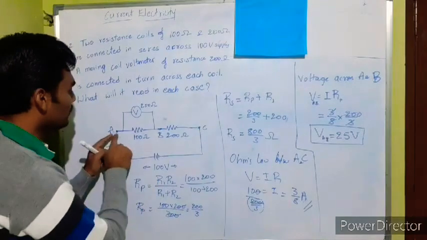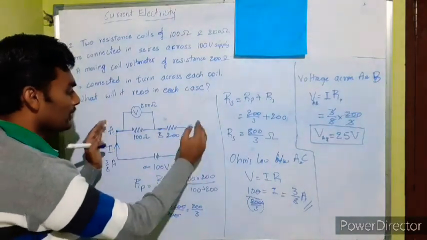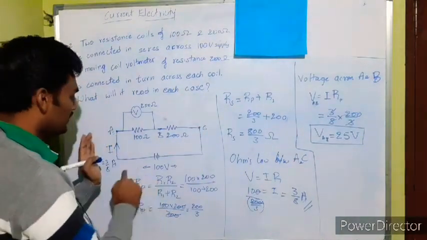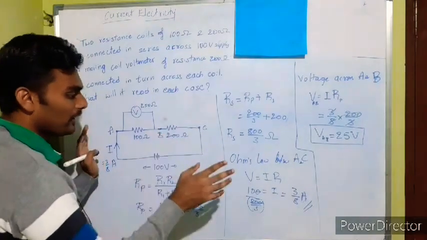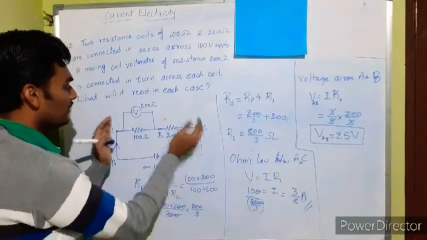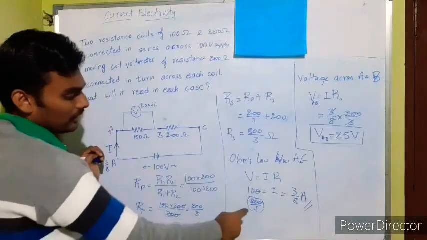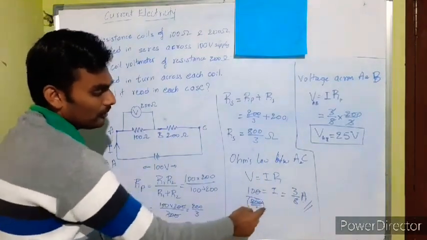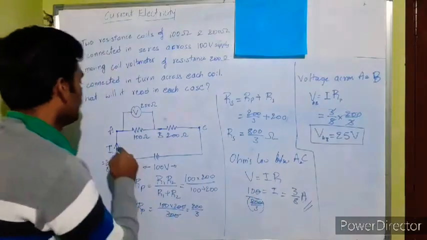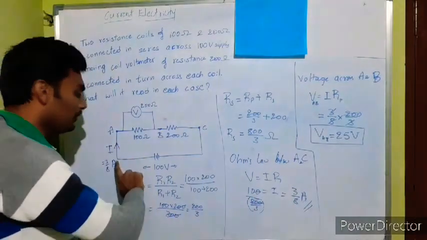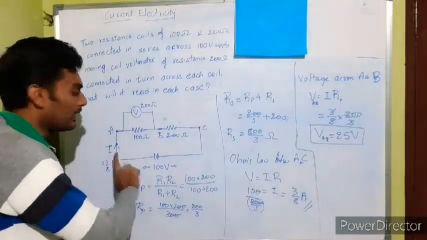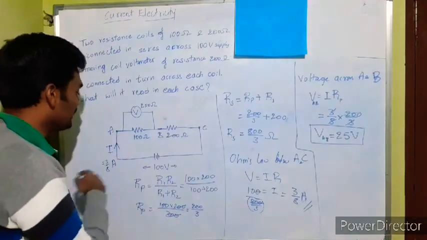Now when I apply Ohm's law between A and C, the voltage is 100 volt, that is the supply, and the effective resistance is 800 by 3, so the current will be 3 by 8 ampere. That is the current through the entire network.